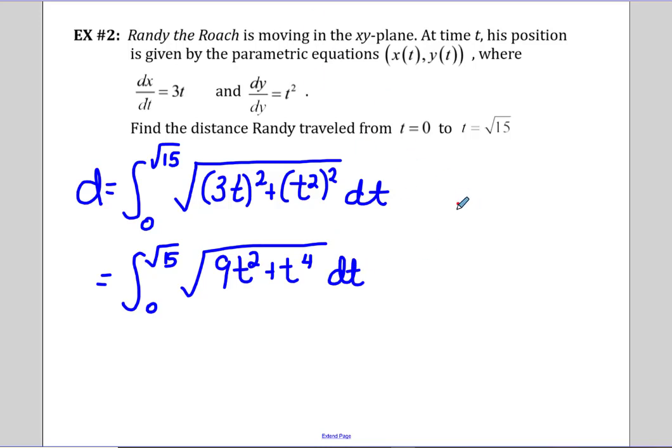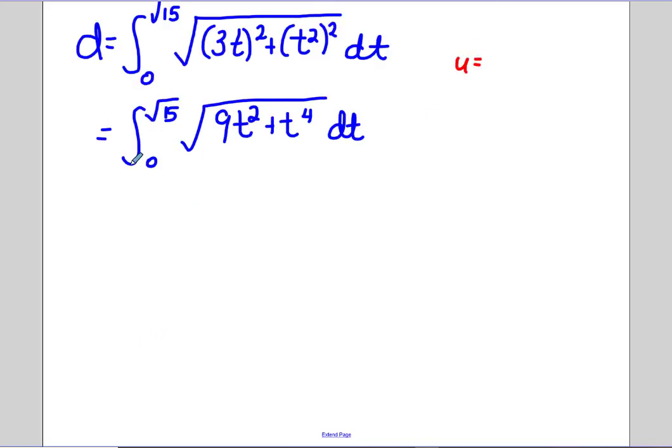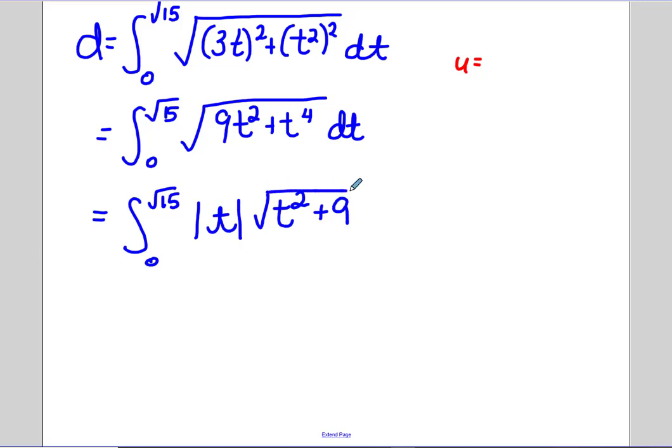And using u substitution, first we want to do this. We can rewrite this, taking out the absolute value of t, as the integral of absolute value of t times the square root of t squared plus 9 dt.